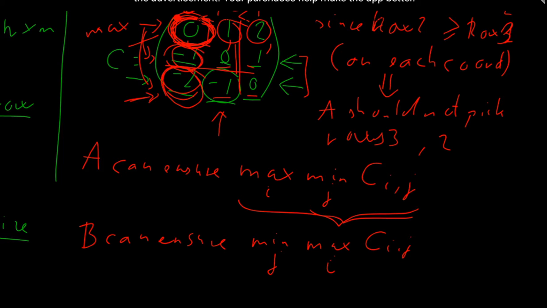So in general, if I choose one specific column j, then the worst possible outcome is the maximum of these values in the column. So if I compute this expression for each column, then the best I can surely achieve is the minimum of these, because player B wants to minimize.